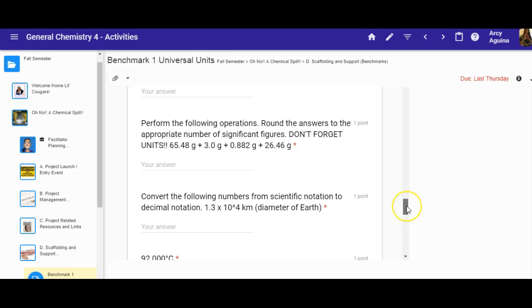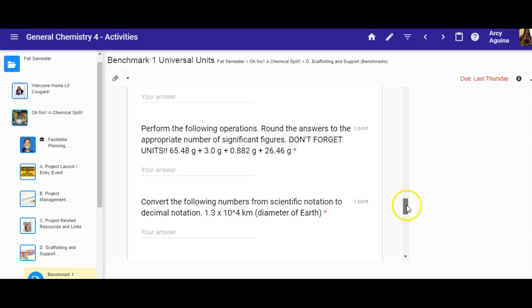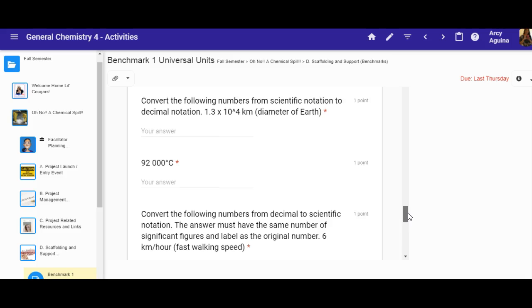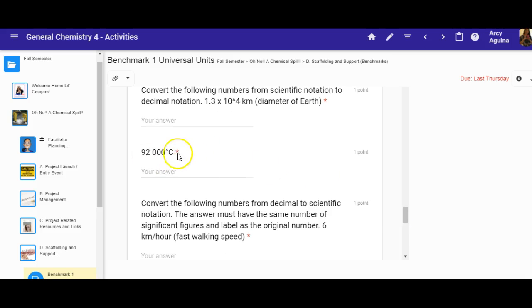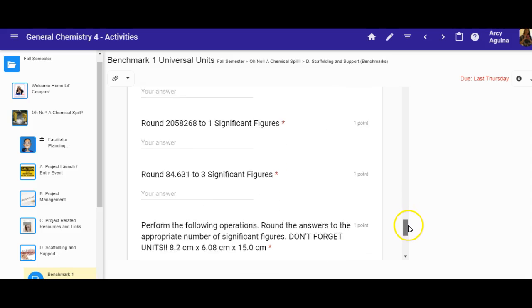You only need units if you're answering a math problem, addition, subtraction, multiplication, division, or if you're converting from decimals to scientific notation. But if it's just the number, like this one, you just give me the number of significant figures. No units.